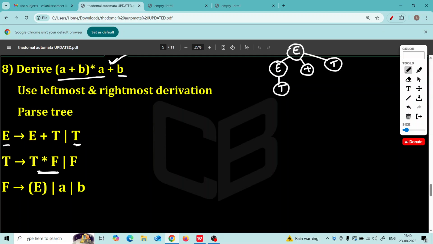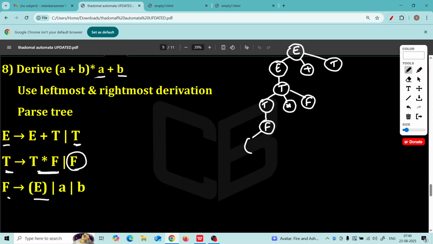Because we want multiply, so that T gives T into F. Okay. Now into is also generated, but to the left of into we want bracket. How will you generate that bracket? To the left of star, this T can give F. Observe, T can give F and F can give bracketed E. Okay, bracket, capital E, bracket.